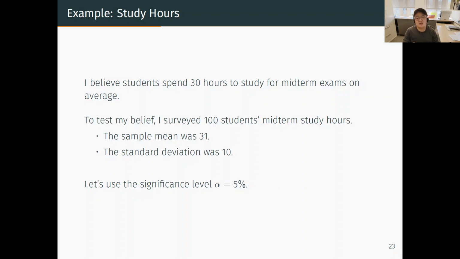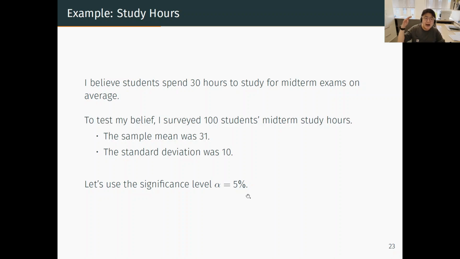So it depends on how big the random error is, and that is related to the standard error again. So we calculate the standard error from the data. That is 10. From the data, I calculated the mean and the standard deviation, and we have our belief and our sample size. So we have 30, 100, 31, 10, and additionally we choose a 5% significance level.